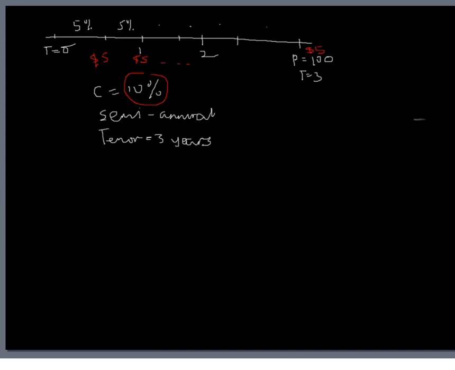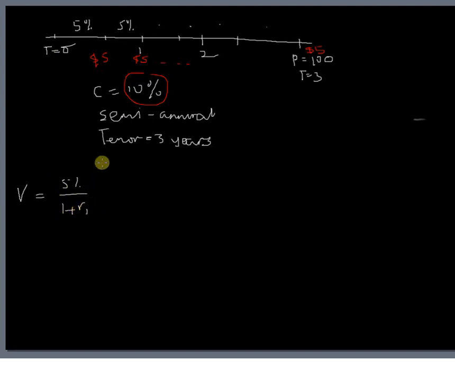Let me write the relationship in formula form. So the value of the bond today is equal to 5, discounted to t equals 0, which is 1 plus R1.